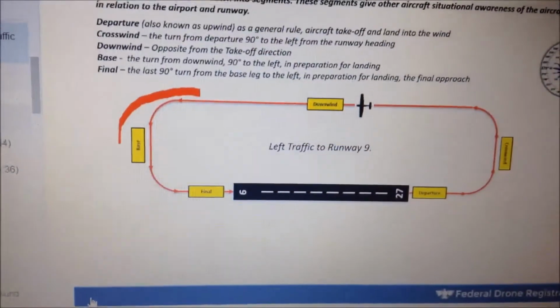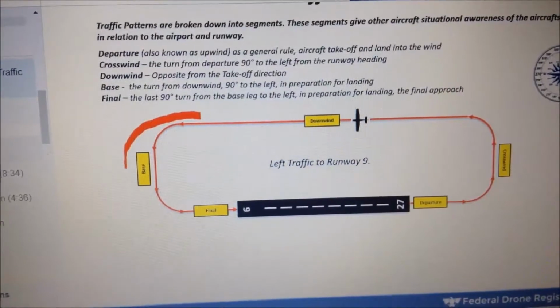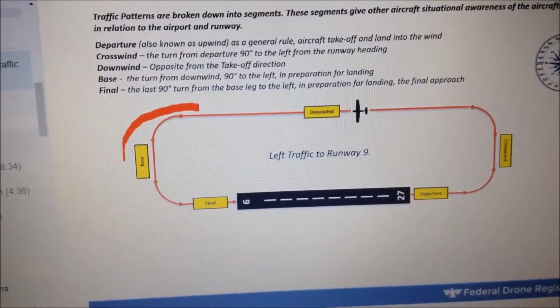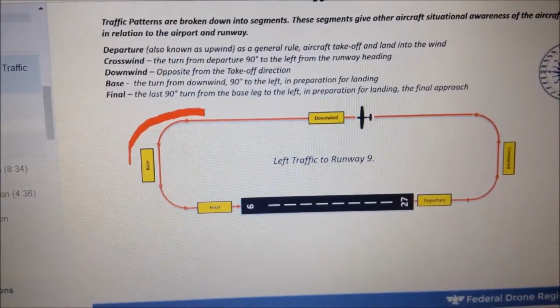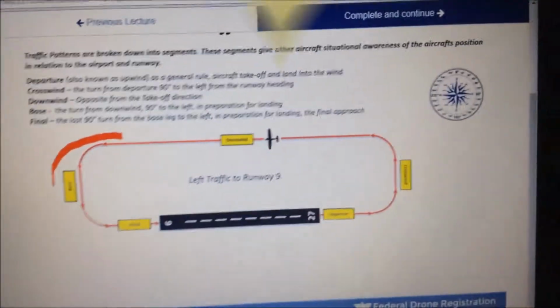Next will be your crosswind, then your downwind, then your base, and then final. And there's your example of your traffic patterns or segments around the runway. So when you're talking on the radio, the pilots have an idea of where you are.